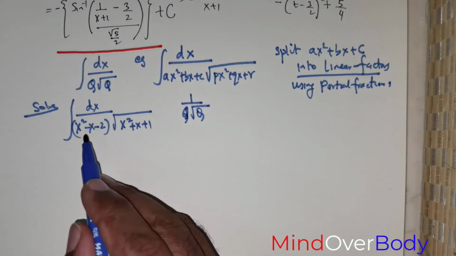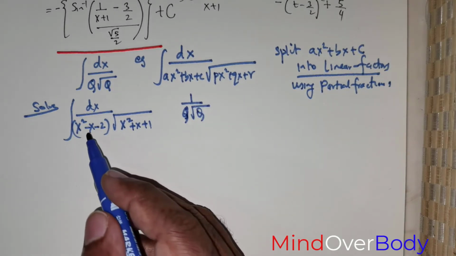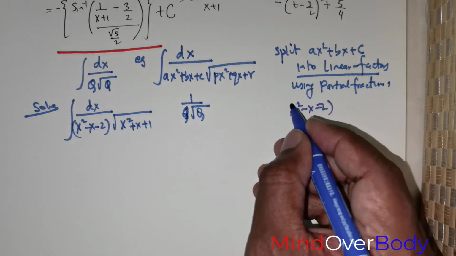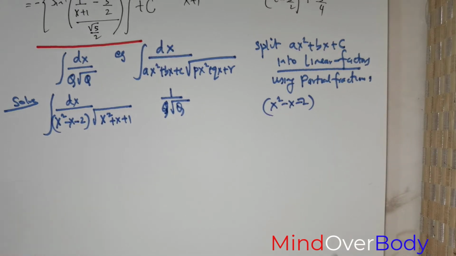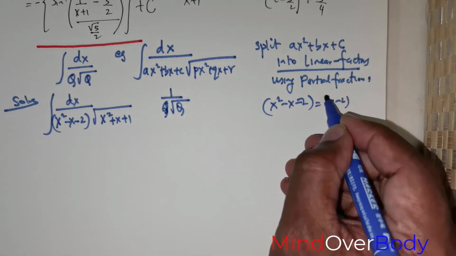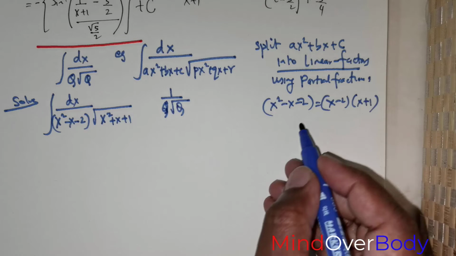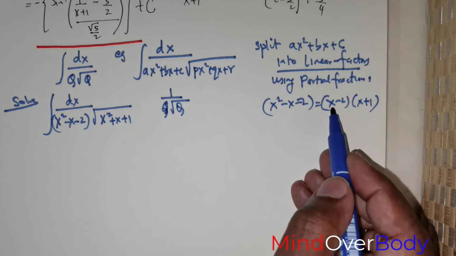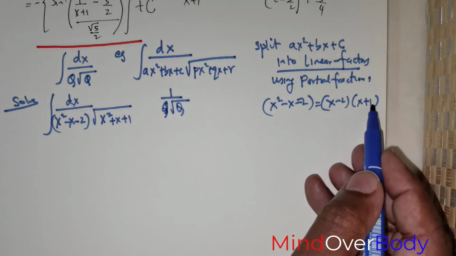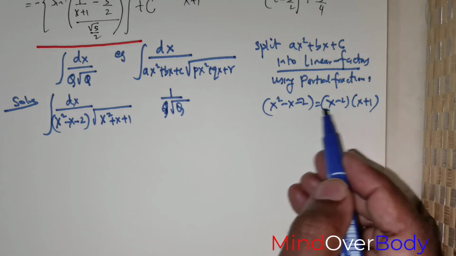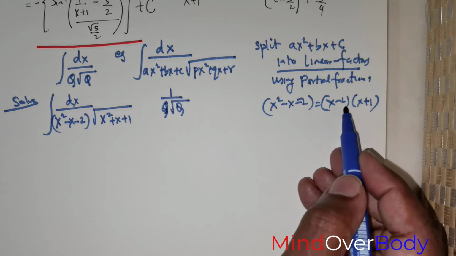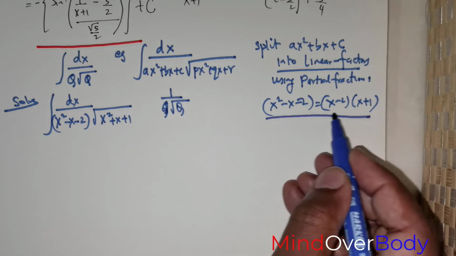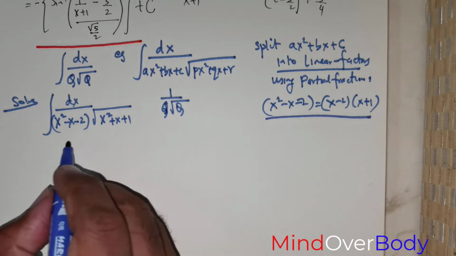So what we can do is rewrite this x squared negative x negative 2 as (x − 2) times (x + 1). I'm just factorizing it. x into x would give me x squared, x times 1 would give me x, added with negative 2x, that would give me negative x, and negative 2 times 1 would give me negative 2. So this factorization is accepted.